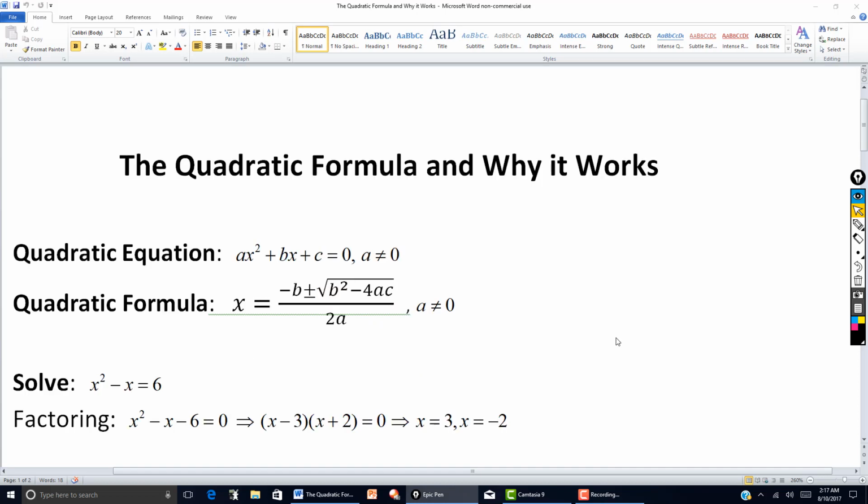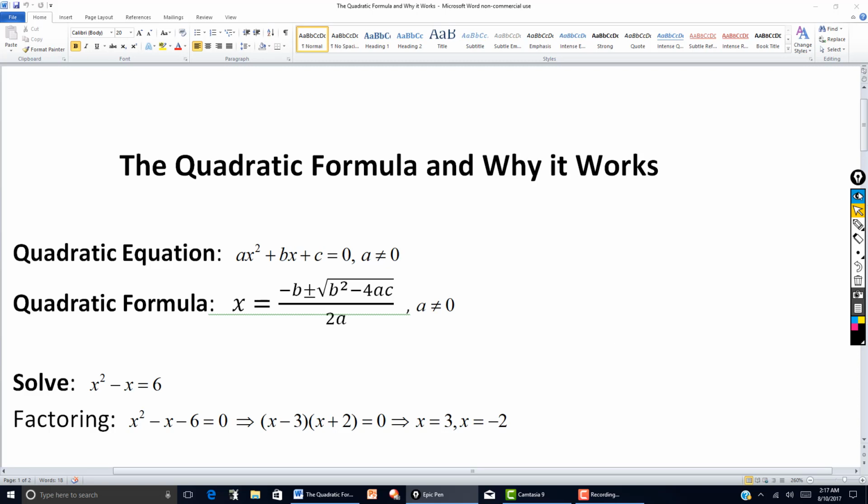In the factoring method, you're basically using the zero product property, which tells you that if you multiply two or more numbers out and you get 0, at least one of those numbers has to be 0.